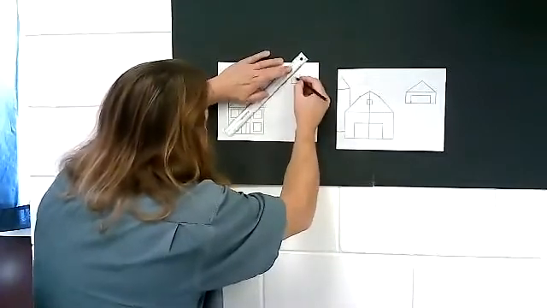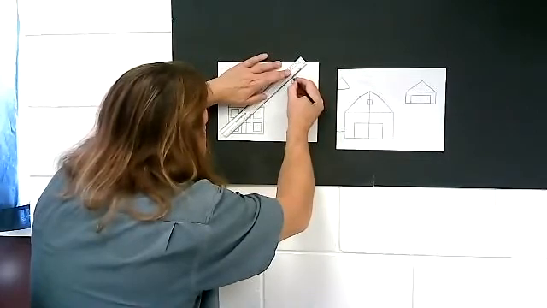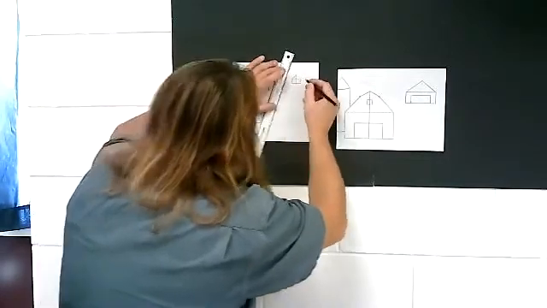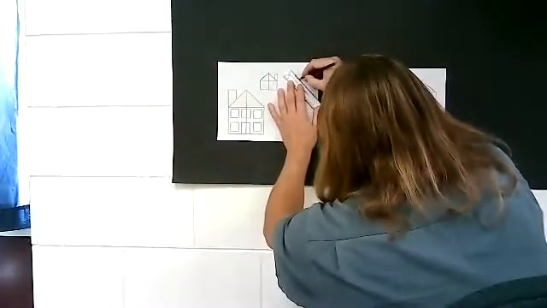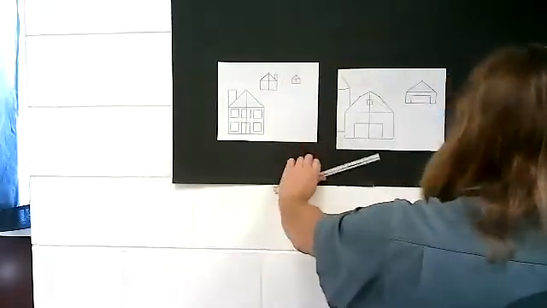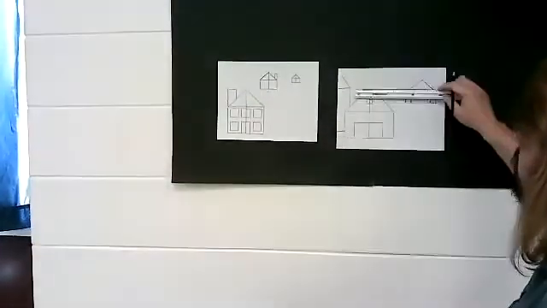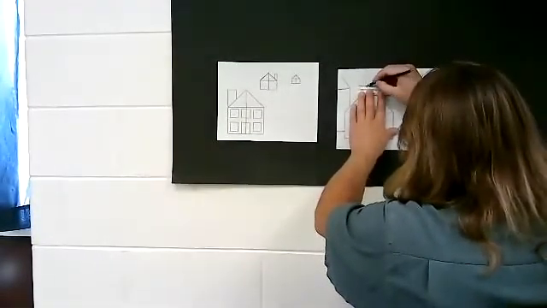And I'm going to connect the top of my roof to the wall. Top of the roof to the wall again. And I'm going to do the same thing over here. Once again, bottom is going to be 1 inch.